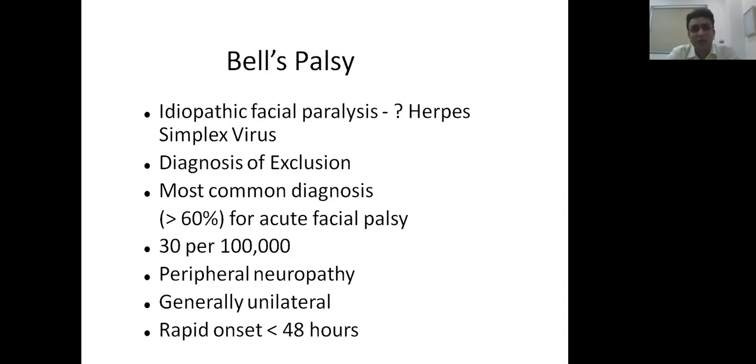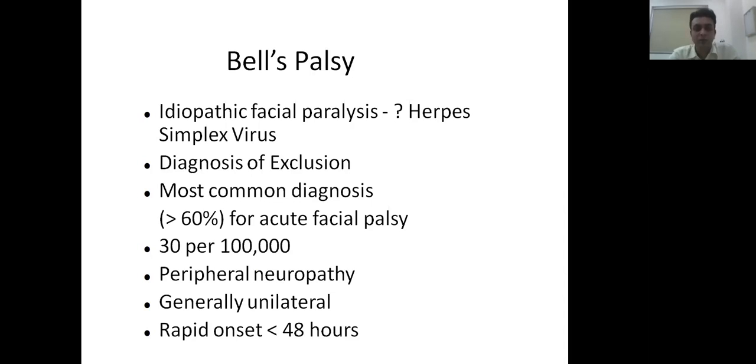So many people believe, so much research has been done to know if it is caused by herpes simplex virus or not. But still, there is no clear-cut agreement that it is caused by herpes simplex virus. But we can give antiviral drugs for this. Okay, so far as the research completes and everybody agrees, we'll call it an idiopathic Bell's palsy.